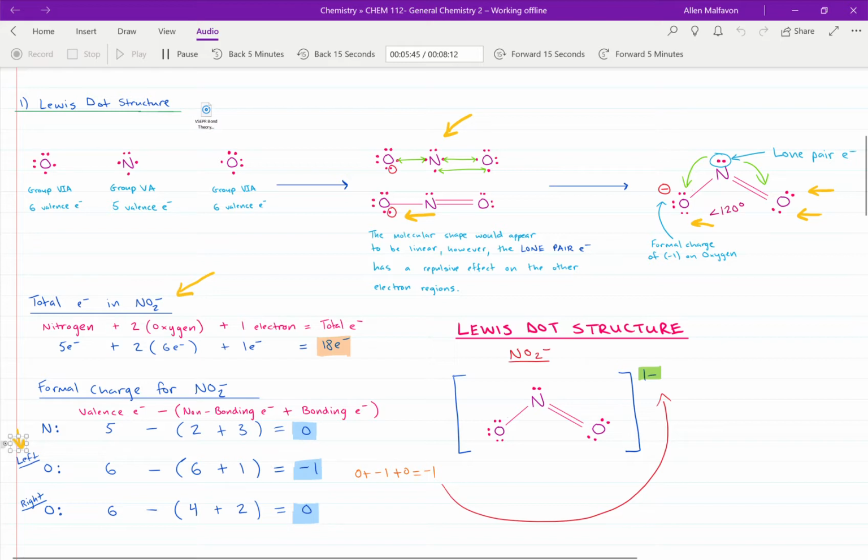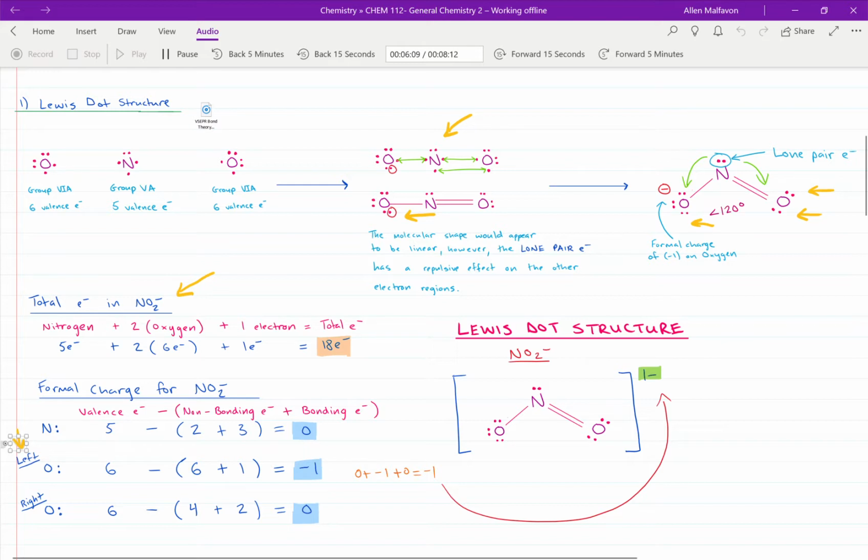Here on my right-hand side, I will move back to the top right column. I have drawn what's going on before our final Lewis dot structure is presented. Now that we are here, we see that the lone pair will cause the shape of nitrite to be bent as opposed to linear.